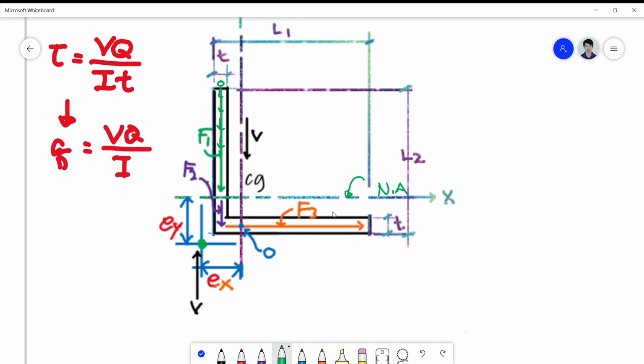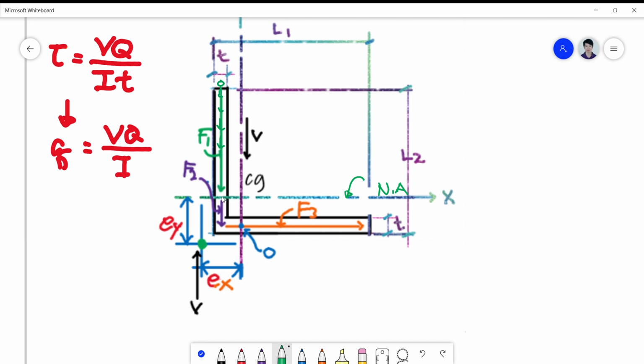There are special cases, but mostly your shear flow values will start from 0 and then increase up to this point.